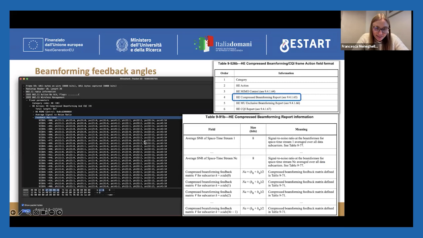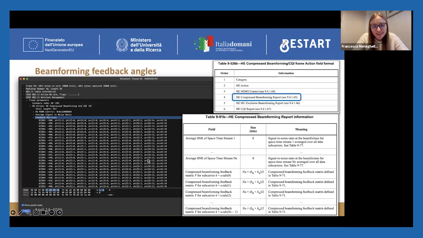And this is the information we are looking for. So the phi and psi angles that you can find here. And in the standard, it is written how the station should put the information here in order that the access point will be able to decode the information and use this information for precoding.